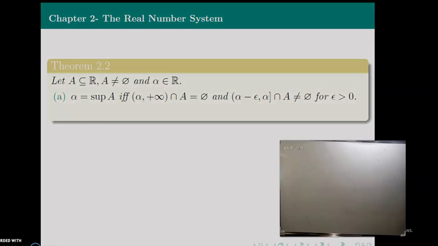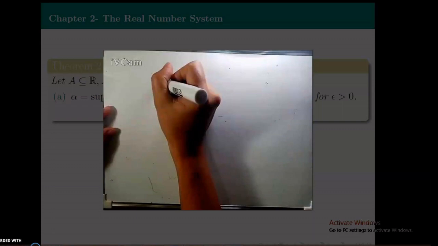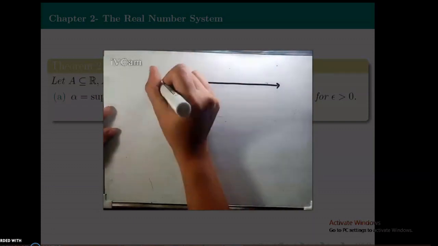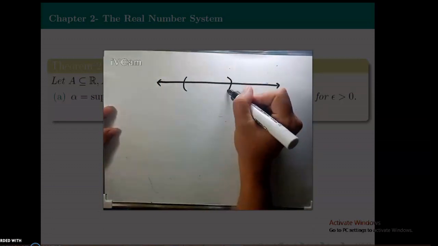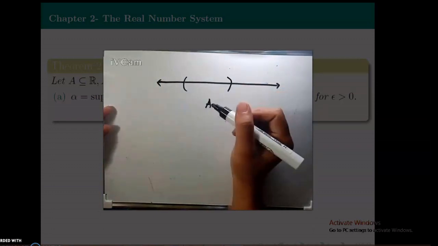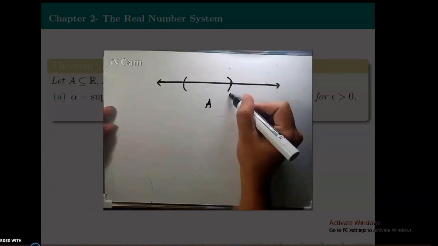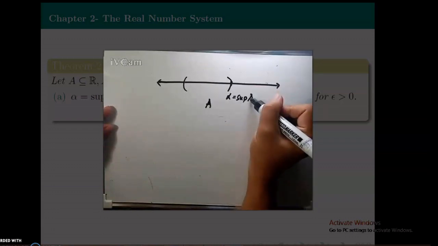Now, to illustrate that, let me draw the real number line. Say we have here set A, and this is our alpha, which is equal to the supremum of A.